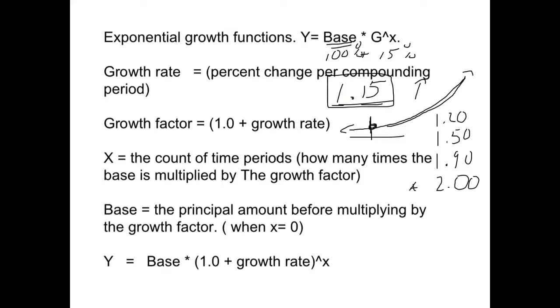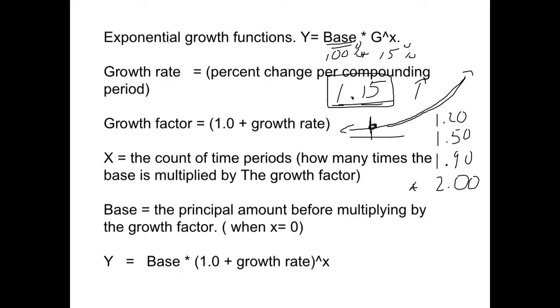So the format for the setup will be the same. You put your starting amount for the base, and you're multiplying by 1 plus whatever the rate of the percent of change is, and that will happen to the x power. If you're graphing this, you put in various powers for x, make sure you throw in a few negatives, in which case, as you go backwards in time, the value when x is negative, y should be less than the base.